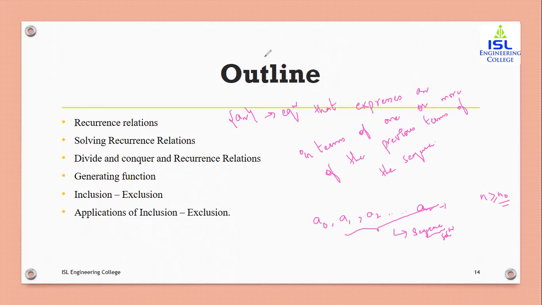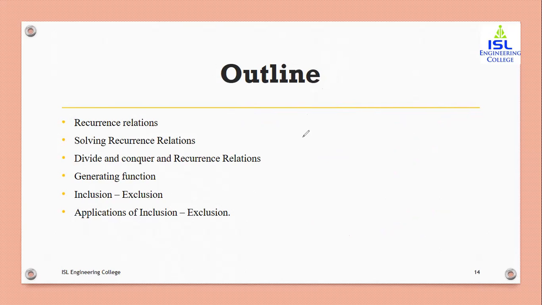So for example, take the recurrence relation Sn is equal to n plus Sn minus 1. This is a recurrence relation where Sn is the sum of the first n positive integers. If you begin with S0, which is 0, then S1 will be 1 plus S0.